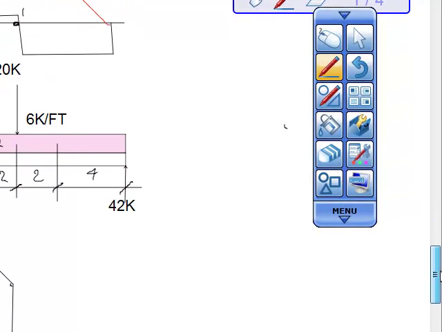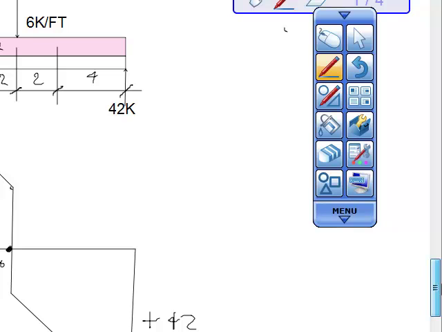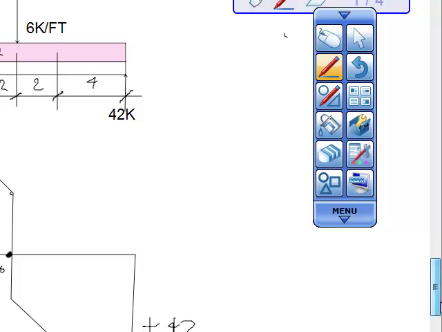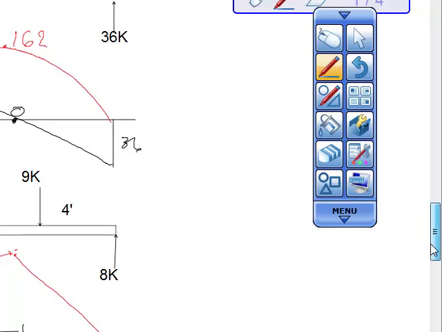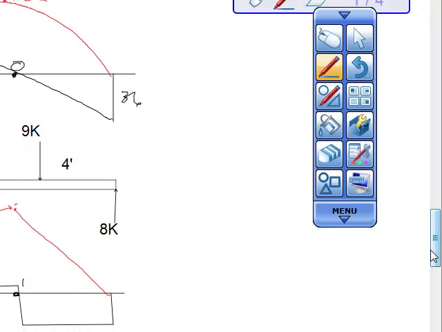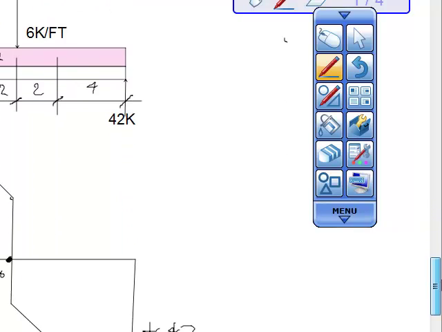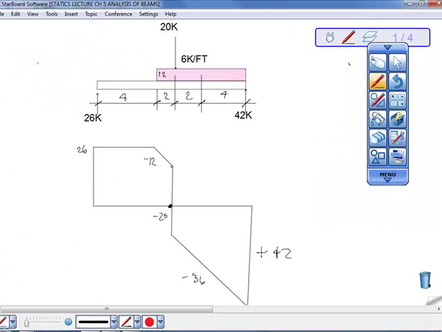Now we have the combined one. The one we just did was just several different concentrated loads. This one has a uniformly distributed load and a concentrated load. So we already did our shear.